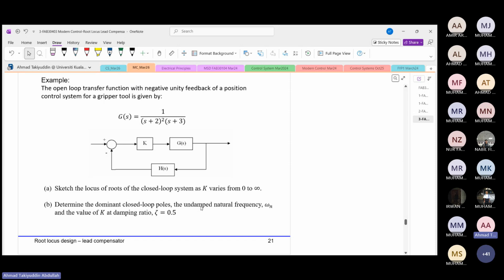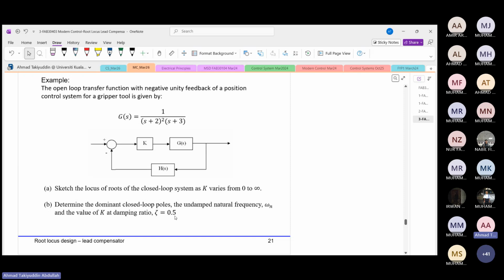So the undamped natural frequency for the dominant closed loop pole, we are going to take it as omega n. And for the value of k that we are going to consider, it will be at zeta equal 0.5.